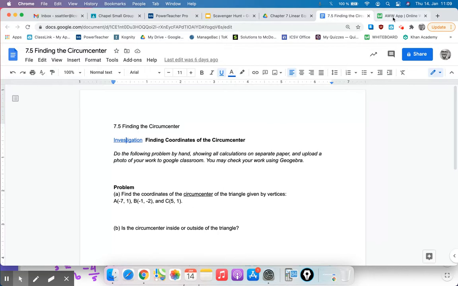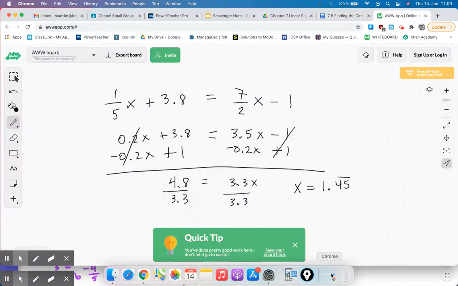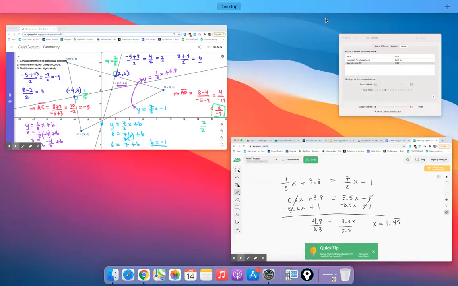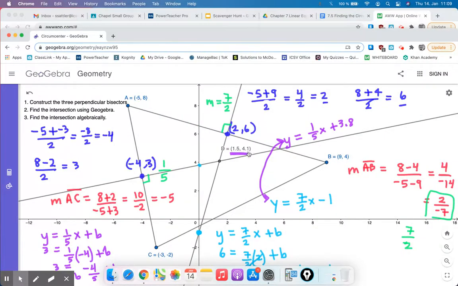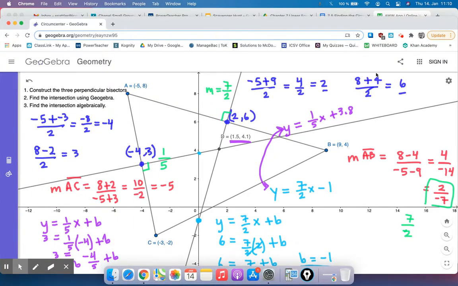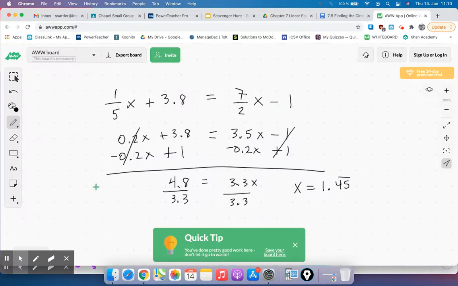Okay, and then to get the other coordinate, what happened to my screen? To get the y coordinate, we just need to plug in 1.5 into one of these equations, either one, to get the y coordinate. So let's do that. Let's go back to this page.